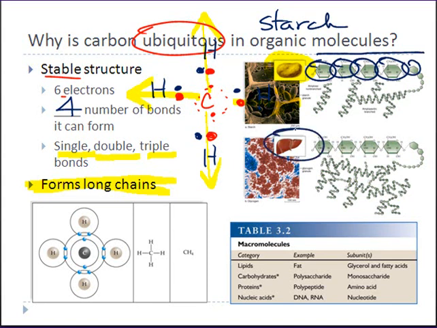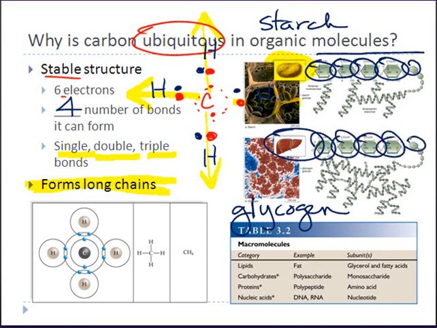Our livers inside our own bodies make a version very similar to starch called glycogen. And this molecule, glycogen, is also long chains of glucose molecules strung together, but rather than being just long straight chains, there are also side chains. So it's a highly branched molecule, but it's the same idea as starch.